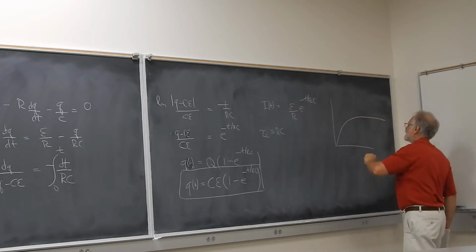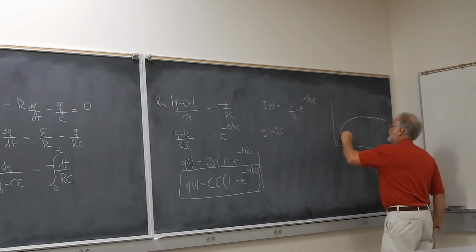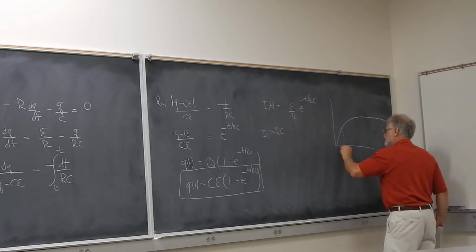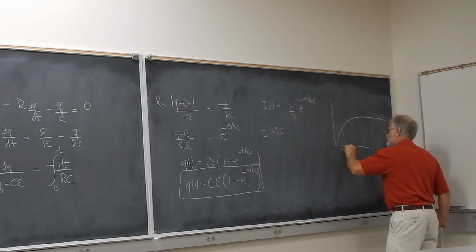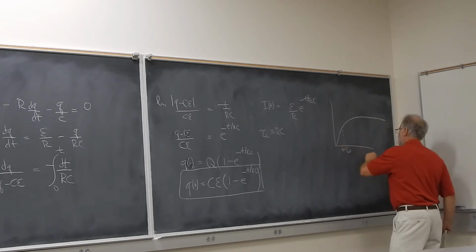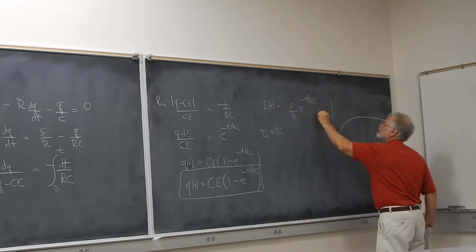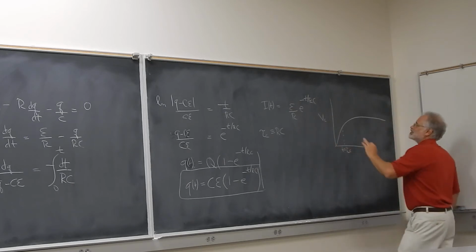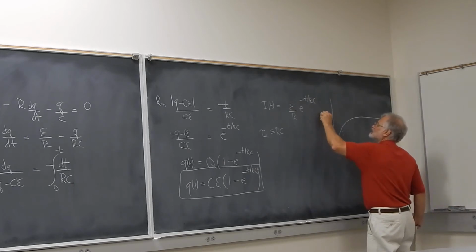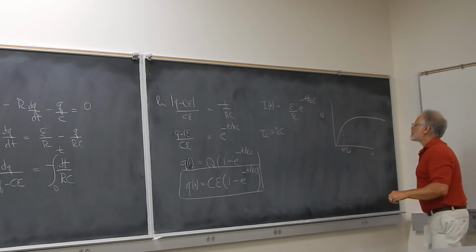it would look something like this. When t is equal to tau sub c, and again, this is time, and this is, let's say, voltage across the capacitor. Well, let's say just charge. Charge as a function of time.